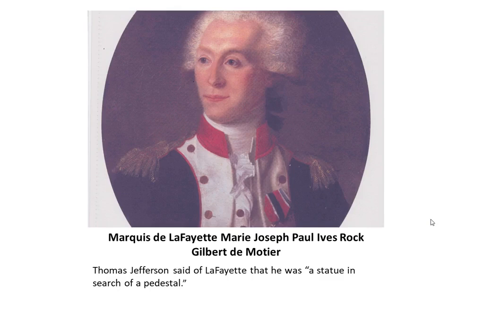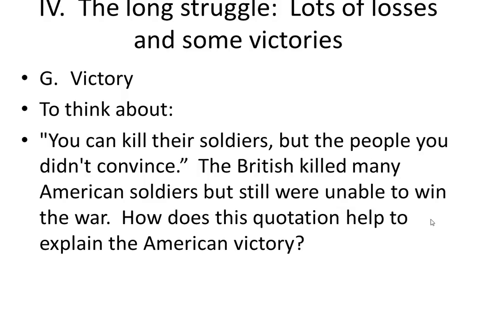Okay, so the French do come over. And this is one of the gentlemen that came, which I just love his name, Marquis de Lafayette, Marie Joseph, Paul Yves, Roch, Gilbert de Motier. So he became kind of a rock star. If you can go to New York, you could see where he used to live. But he was very good friends with George Washington. But of course, the French also sent over major generals.